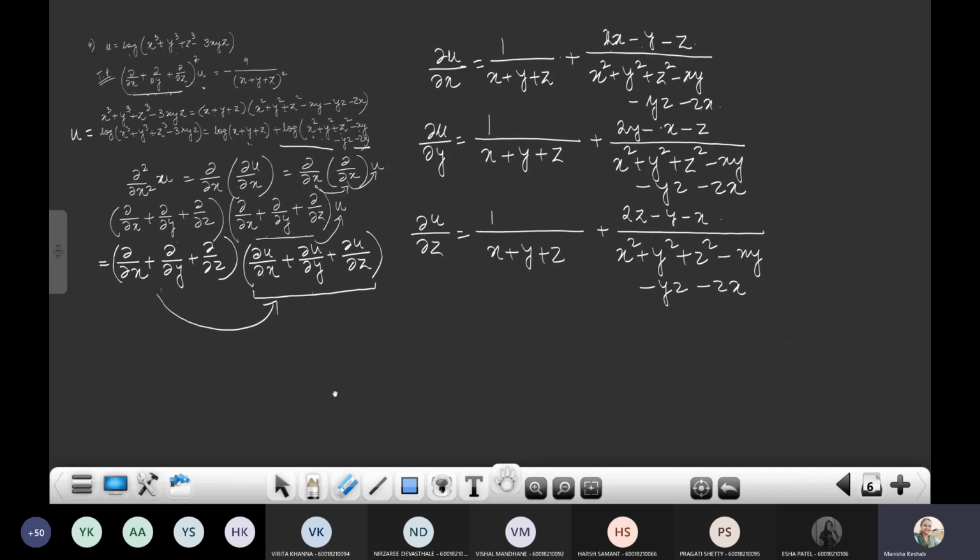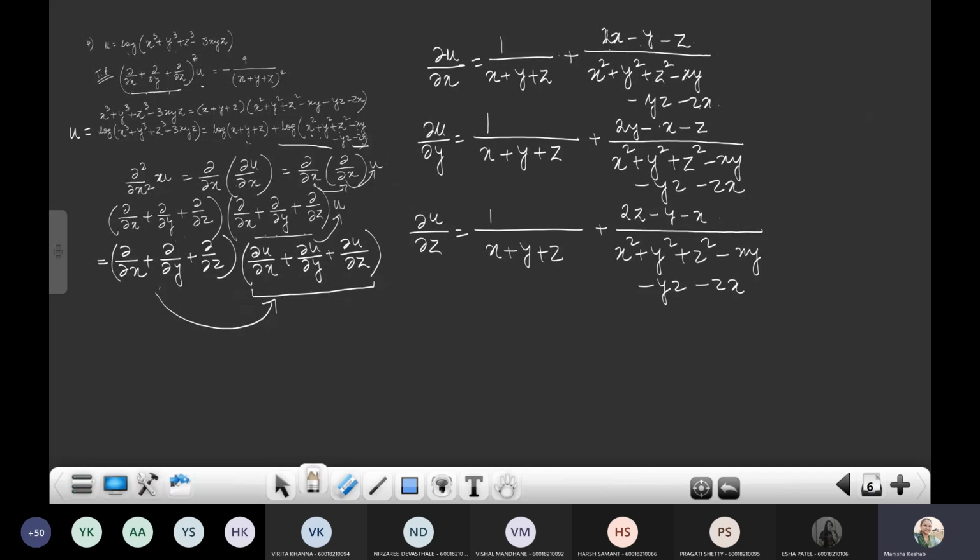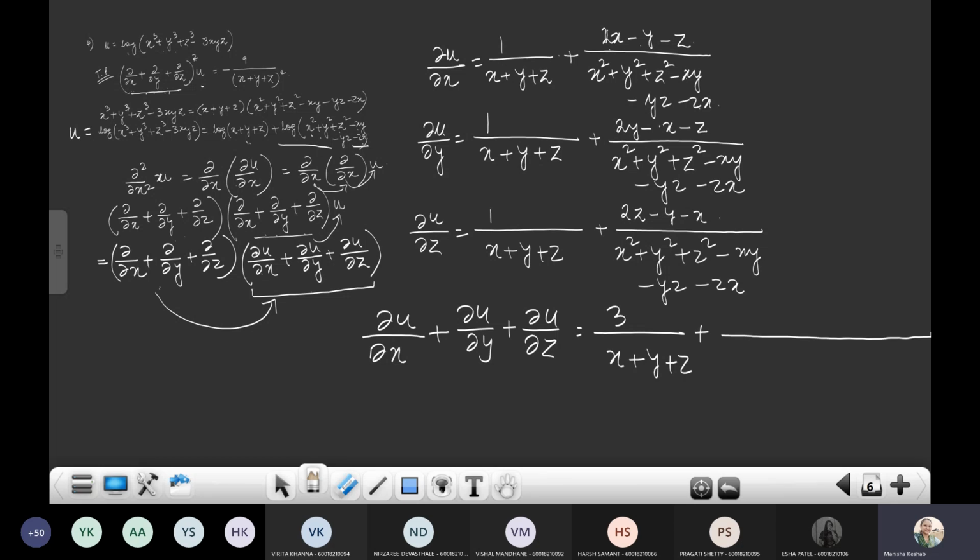Okay, so let us add up all this, and if you write one below the other, it will be easy to add up. So del u del x plus del u del y plus del u del z will be equal to what? These three are the same, so 3 upon x plus y plus z plus, now in each of them the denominator is the same, right. So x square plus y square plus z square minus xy minus yz minus zx. Now what about the numerator?